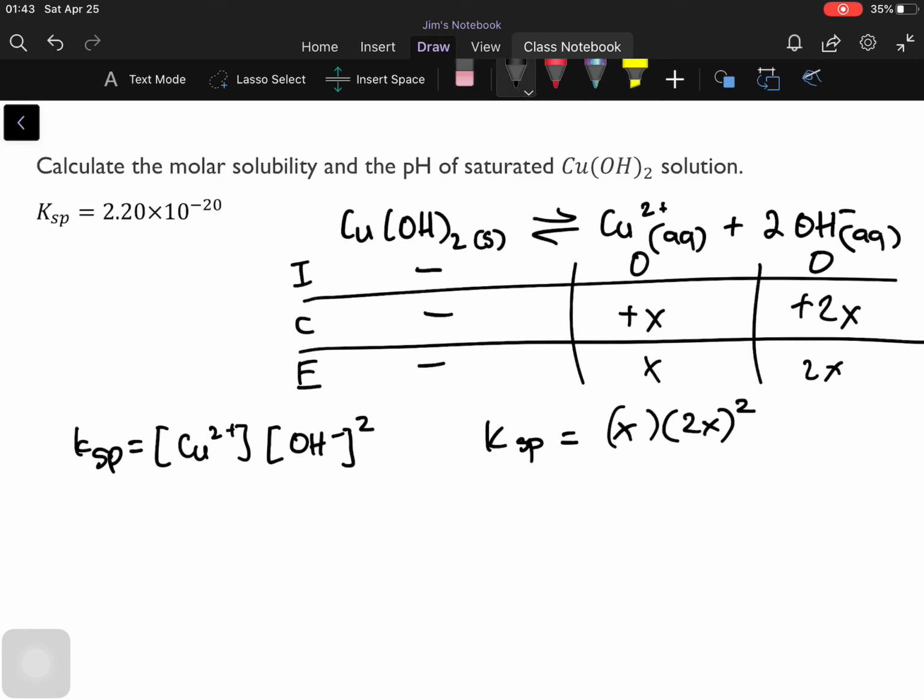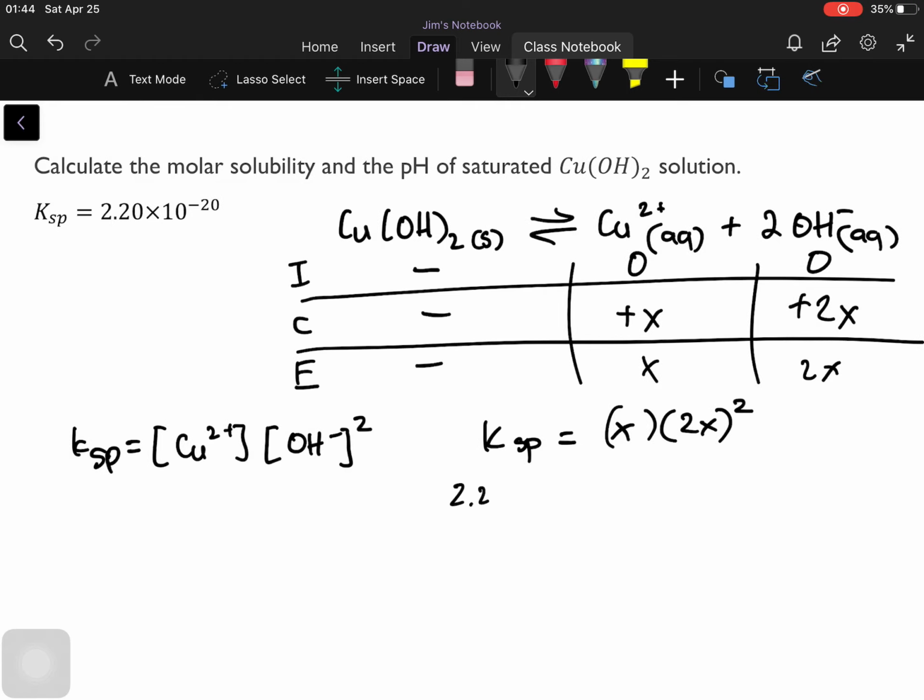So to solve for the molar solubility, according to the discussion earlier, that is just equal to the concentration of the dissociated metal. The concentration of the dissociated metal is x, so all we have to do for this problem is to solve for the value of x. So we have to simplify this anyway.